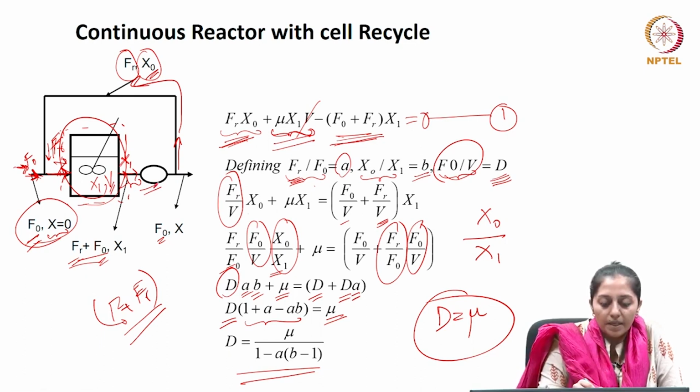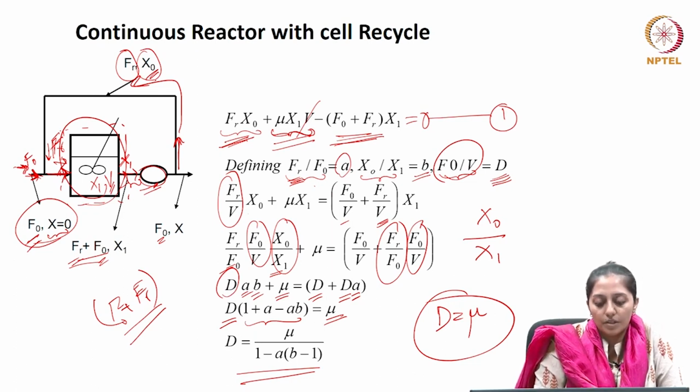So, this device is a biomass separator. Some biomass in the recycle stream of concentration x0 has been sent back, and the outlet is x1.